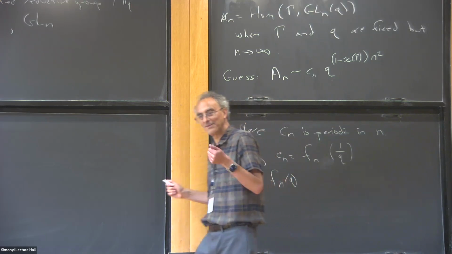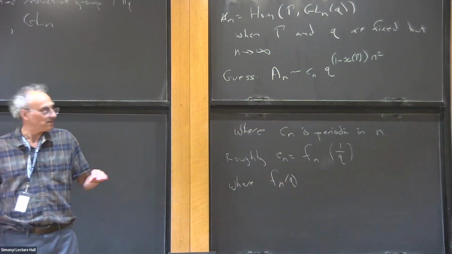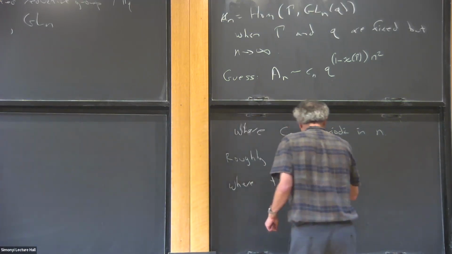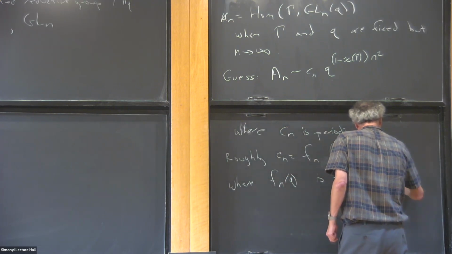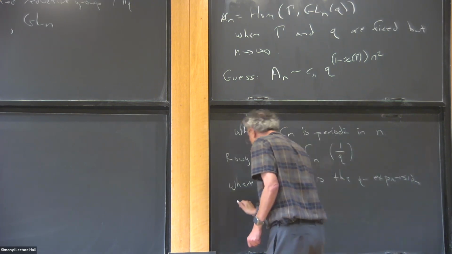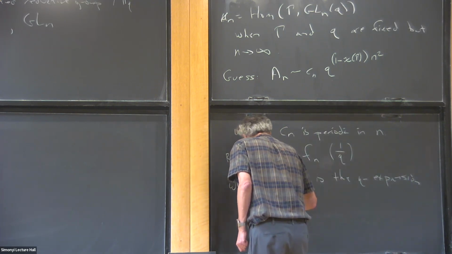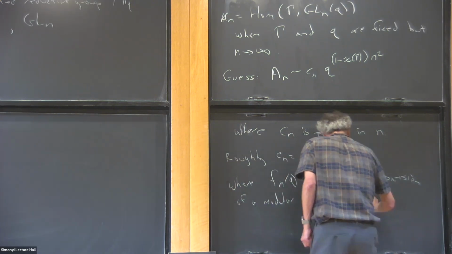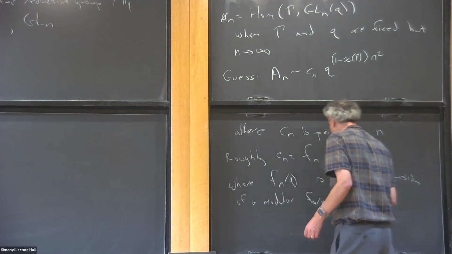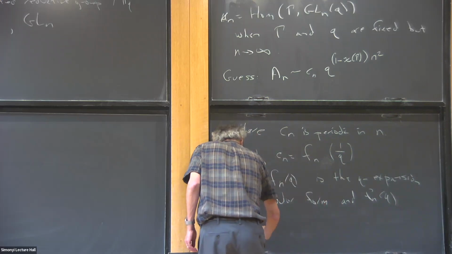It can be a prime power, or it can be a parameter in a Q expansion. So Fn of Q is the Q expansion of a modular form. And Fn of Q is periodic in n.